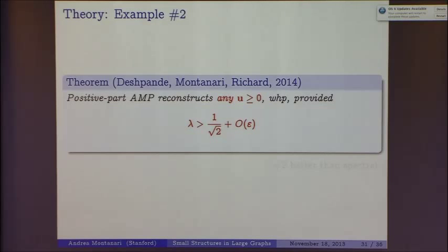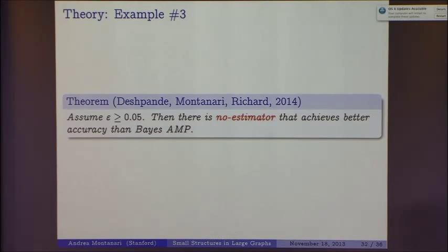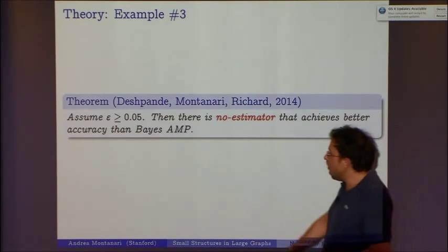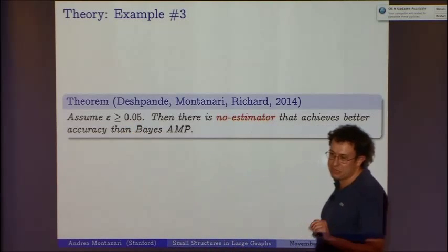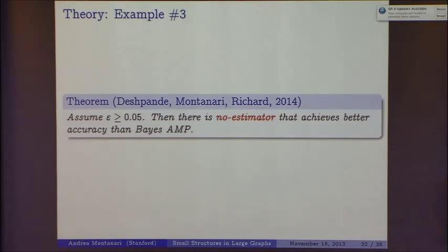If you know that your principal component is non-negative, it moves to 1 over square root of 2. So square root of 2 better than spectral. Asymptotically, we can prove that if epsilon is above a certain number, above 0.5, there is no algorithm that can do better than the Bayes version of this algorithm.